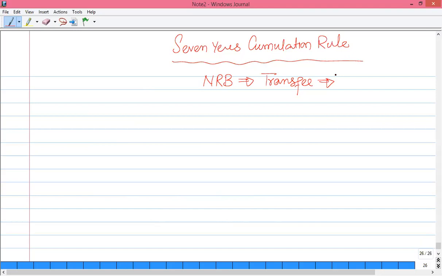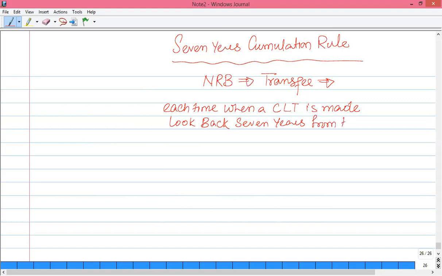So each time a CLT is made, look back 7 years from the date of the gift. Remember, from the date of the gift. What do you have to check in the previous 7 years?